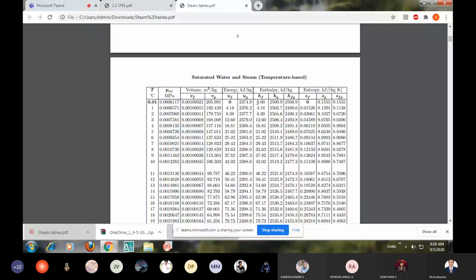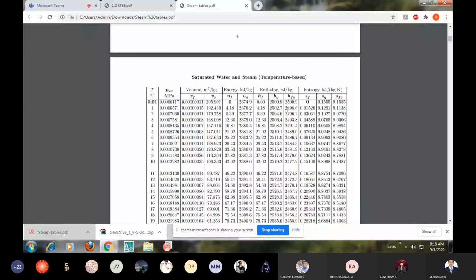So 2500 minus 0 gives 2500. Similarly, 2502 minus 4.18 gives 2498.